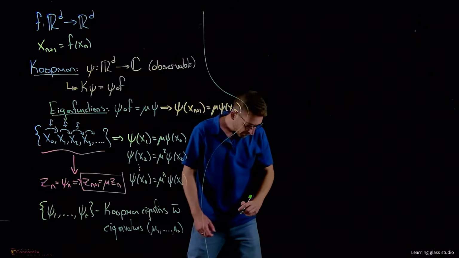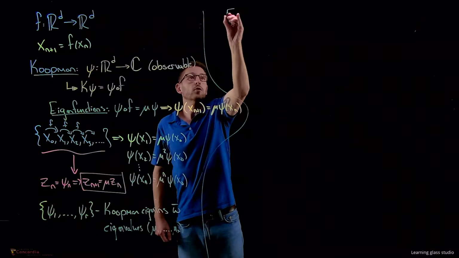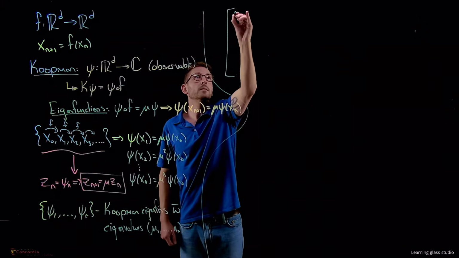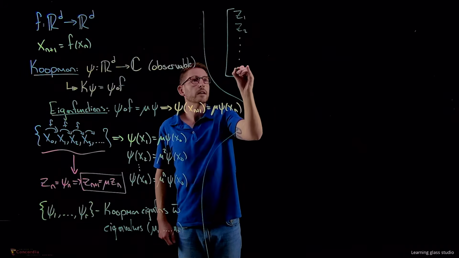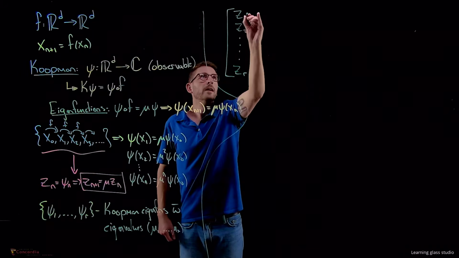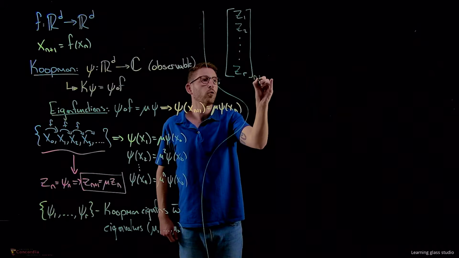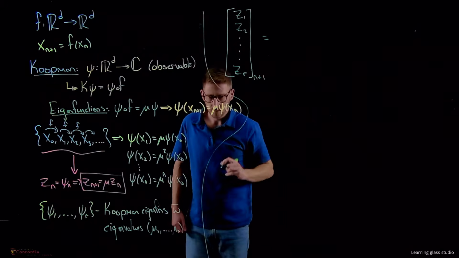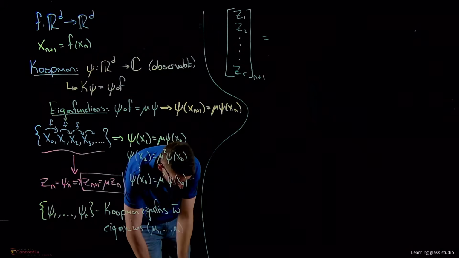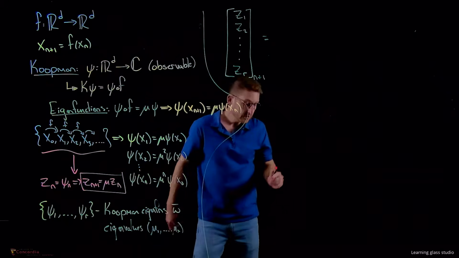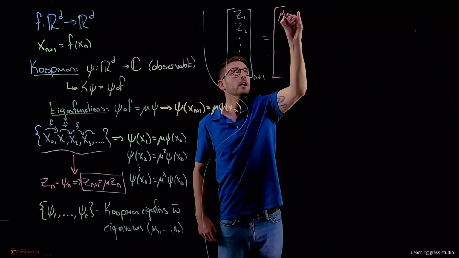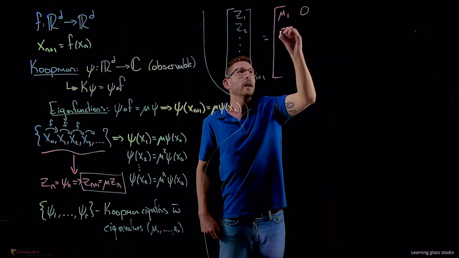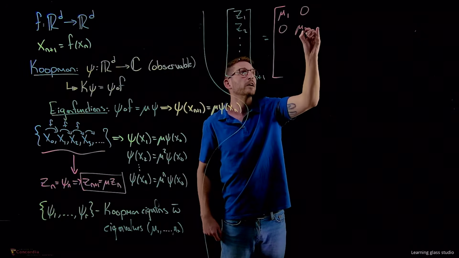what I'm actually going to get is a great big linear dynamical system, Z1, Z2, all the way down to Zr. And if I want to push this thing forward in time, what do I do? I multiply by not only a matrix, a diagonal matrix, my friends.